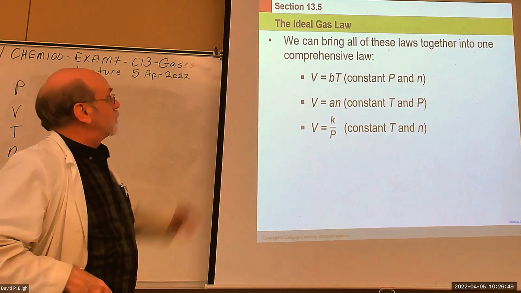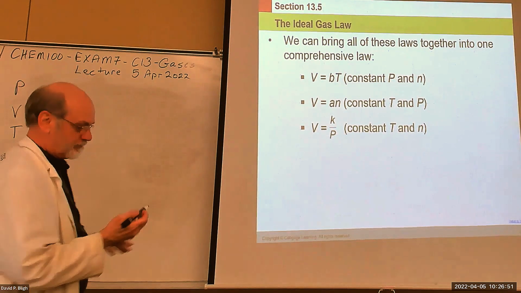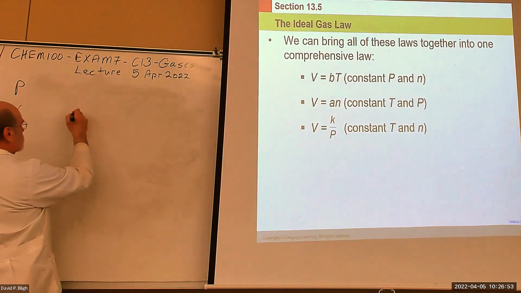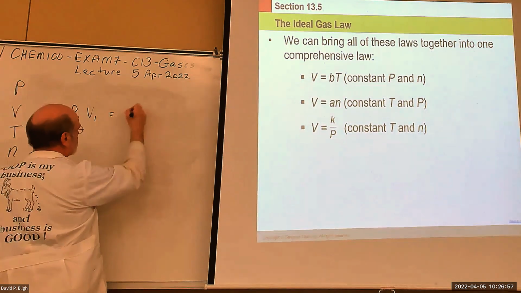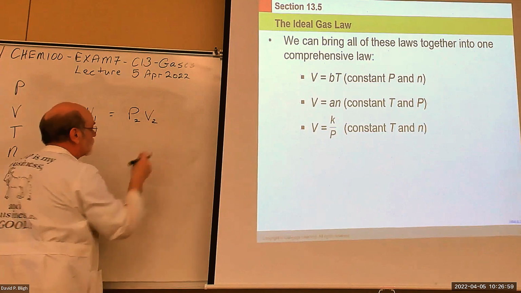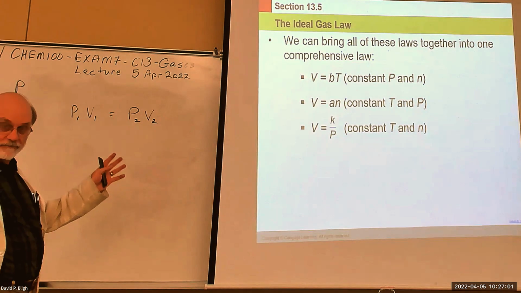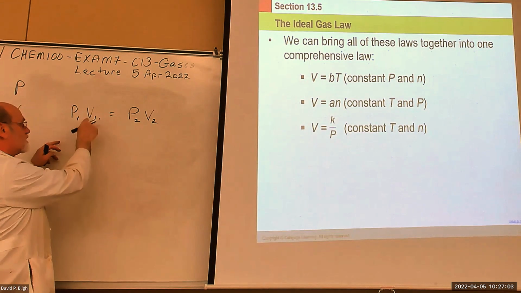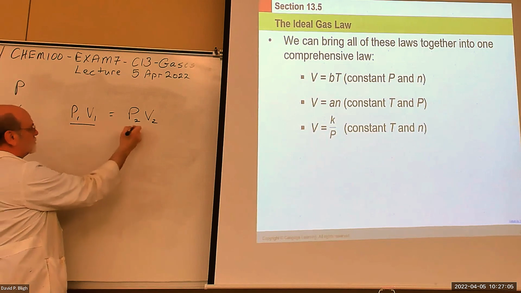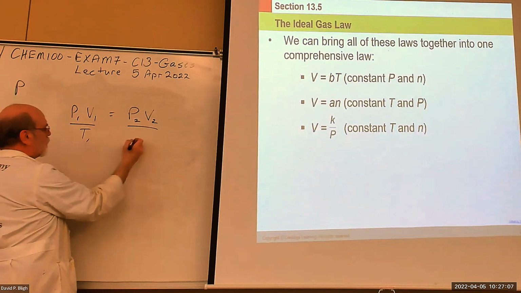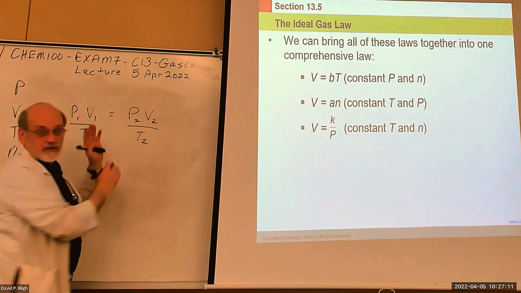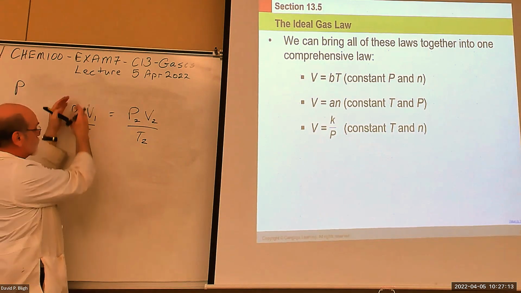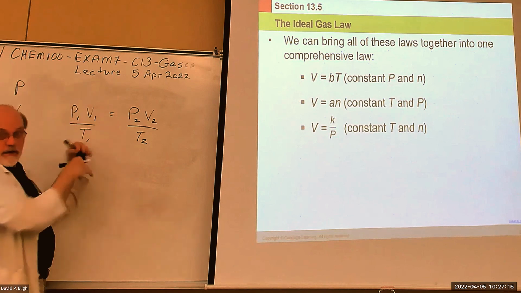And then we'll go to the ideal gas law from there. So if we know that P1V1 equals P2V2, right? Boyle's law. Charles' law relates volume to temperature, right? So there's T1 and there's T2, right? Volume to temperature. If pressure is constant, then you have Charles' law.